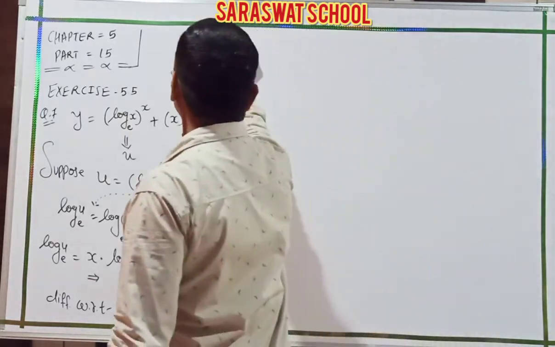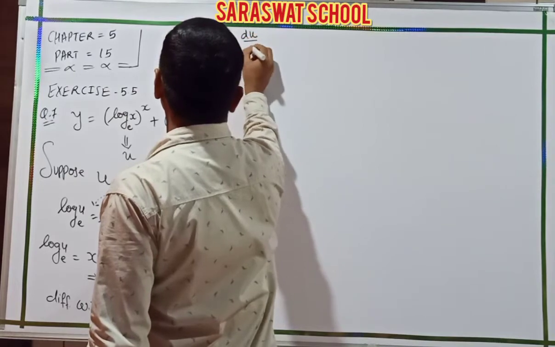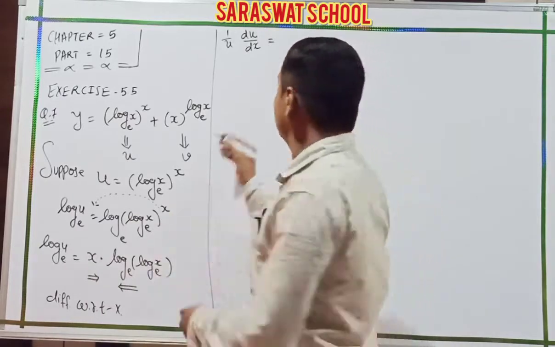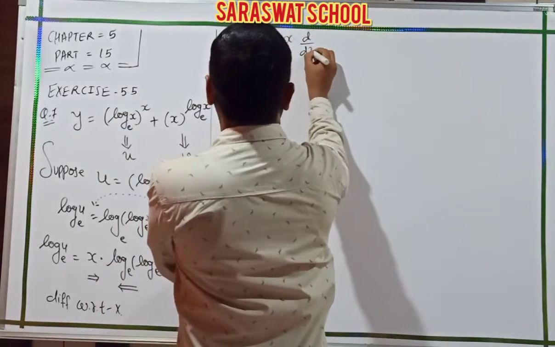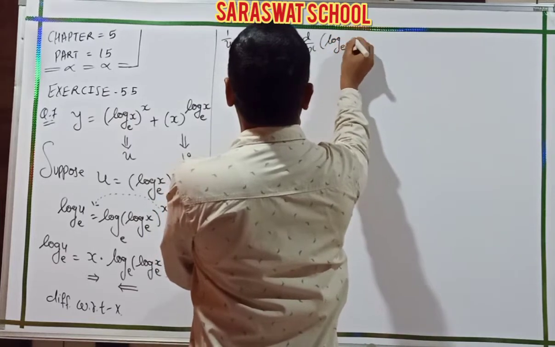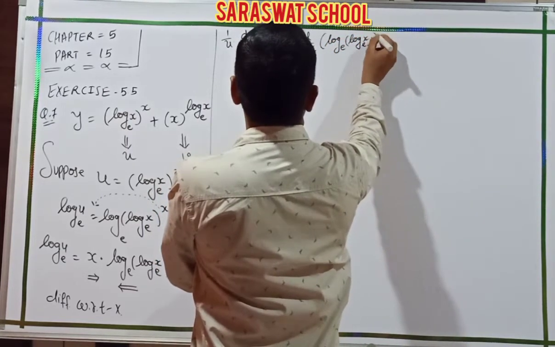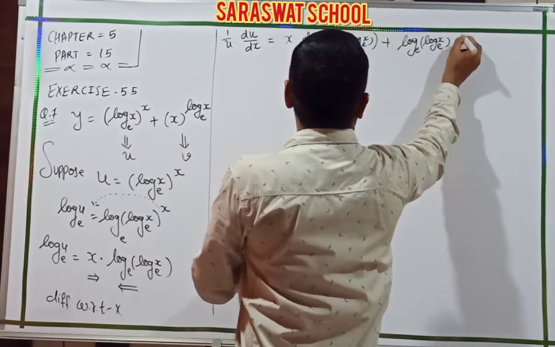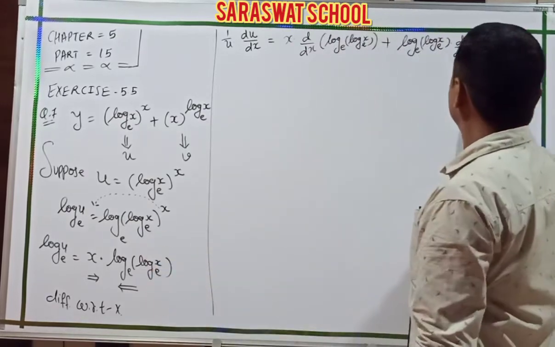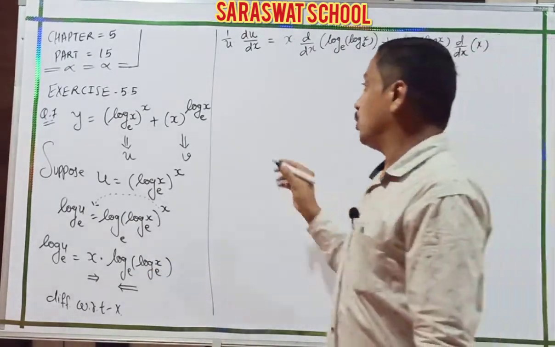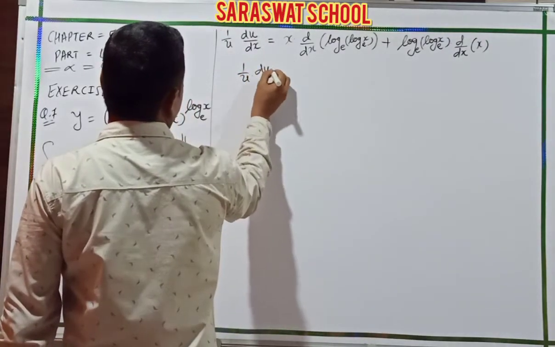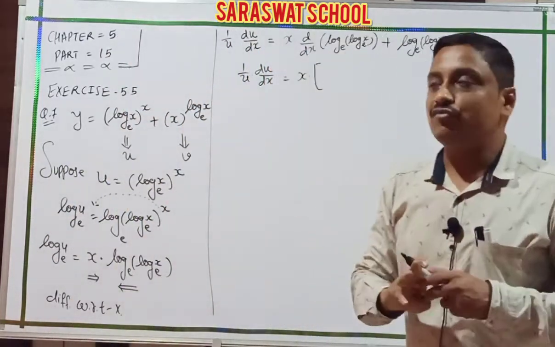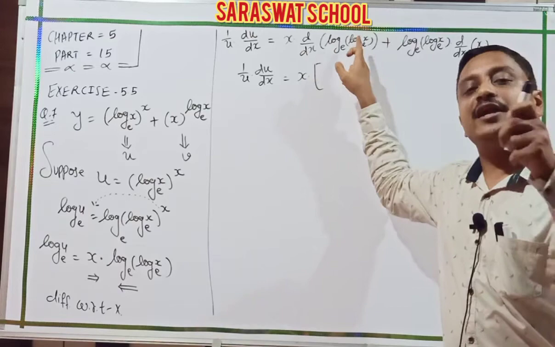So the derivative of log u you know, 1 by u times du by dx. Here done. And here apply the product rule: first, the derivative of the second function, log of log x base e, plus the second function times the derivative of the first function. So you get 1 by u du by dx equals x into, and here start very carefully students: first the derivative of the outer log function, after that the derivative of the inner log function.